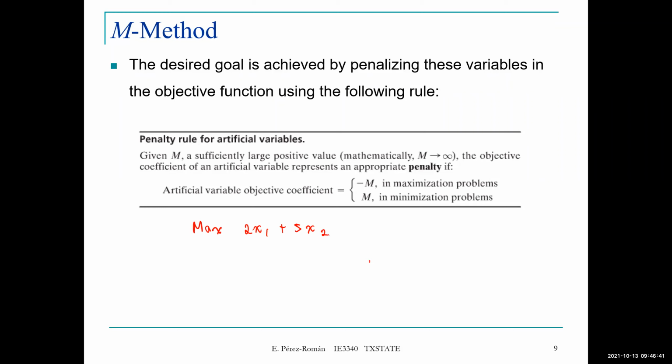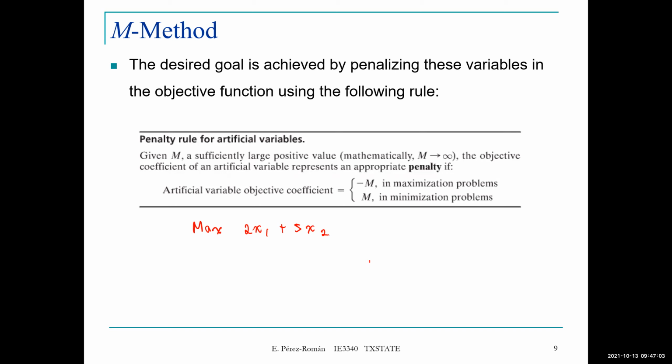Because you want to create an objective function that is going to be big. You are maximizing, so you want x1 and x2 to be as high as possible based on the constraints. If you are minimizing, it's the opposite. You want x1 and x2 to be as small as possible within the constraints.